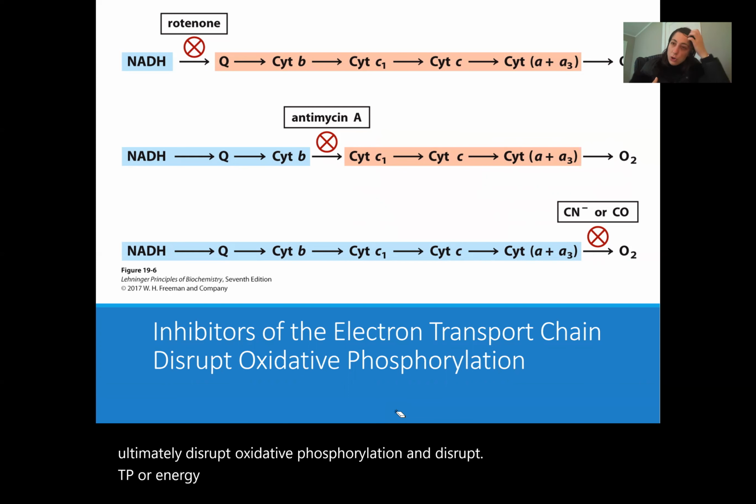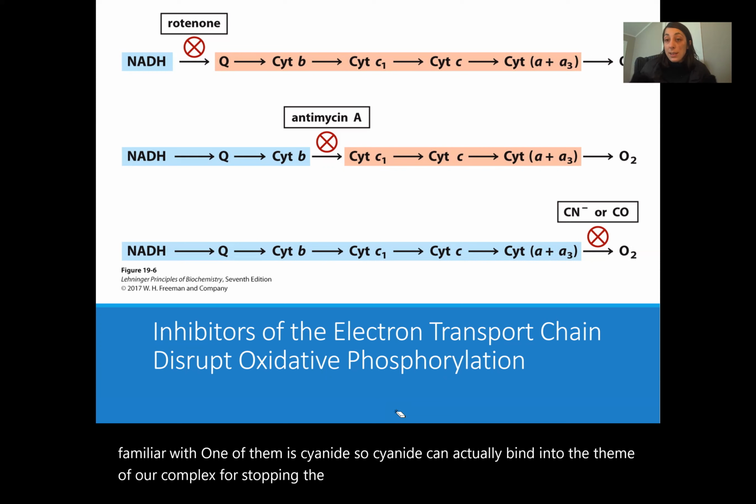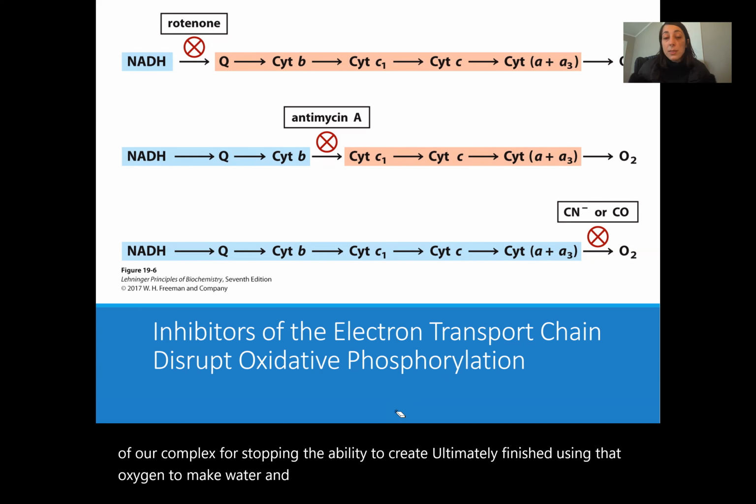There are a few known inhibitors that you're probably familiar with. One of them is cyanide. So cyanide can actually bind into the heme of our complex 4, stopping the ability to ultimately finish using that oxygen to make water and pump its final protons.